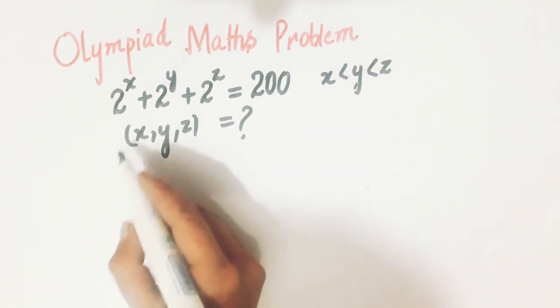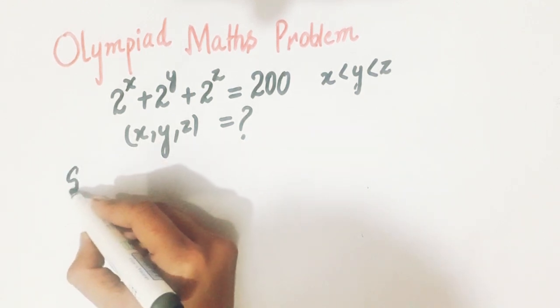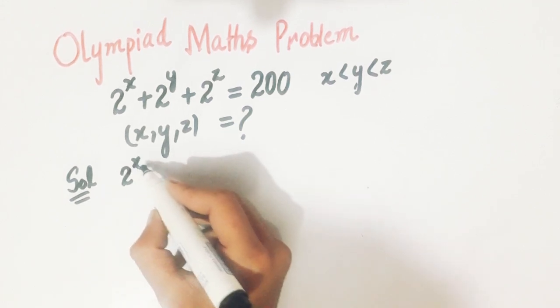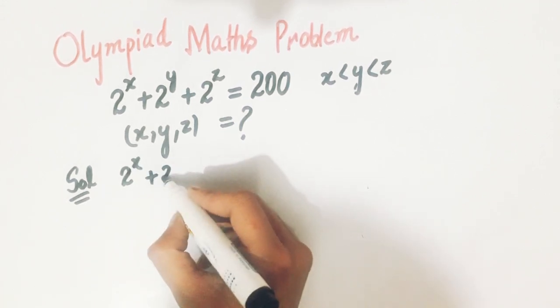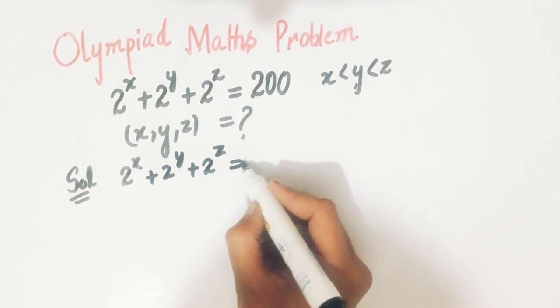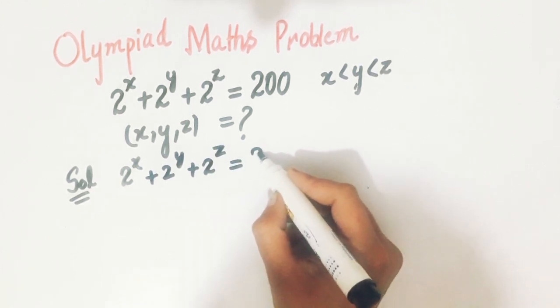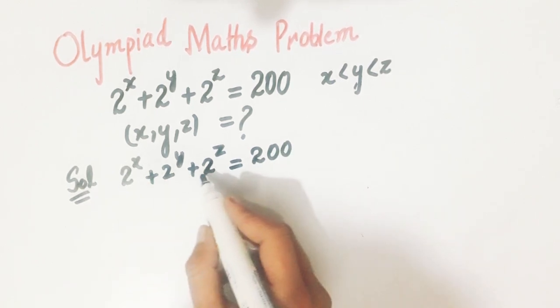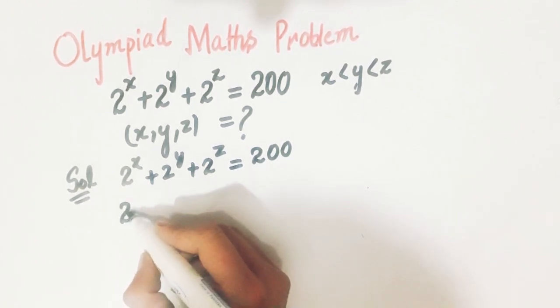So we will solve this. We will write the equation as 2 raised to power x plus 2 raised to power y plus 2 raised to power z equals 200. Now we can take 2 raised to power x as common from this.